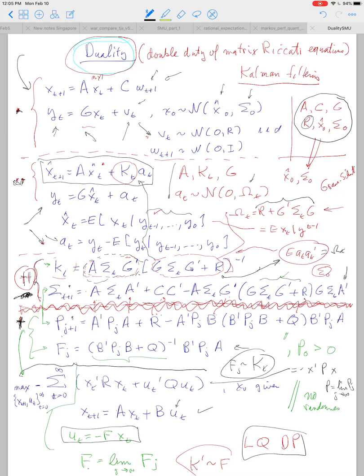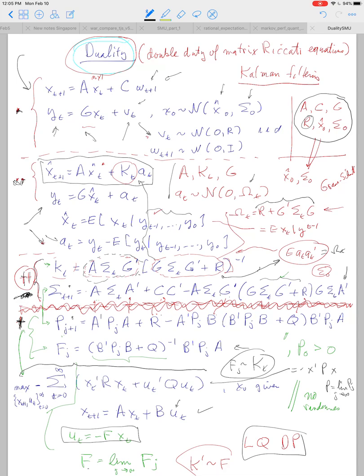And I'm going to close with two remarks about that. This remarkable correspondence between these two sets of equations, Riccati equations, is called duality.